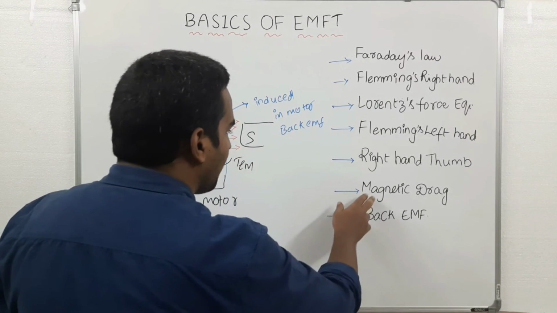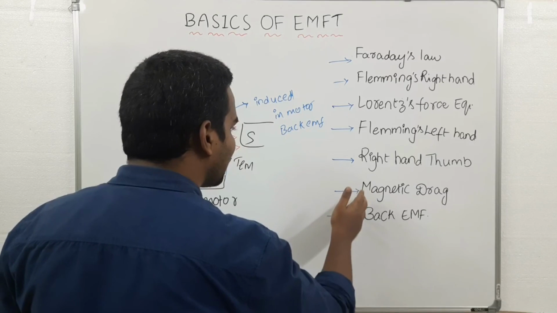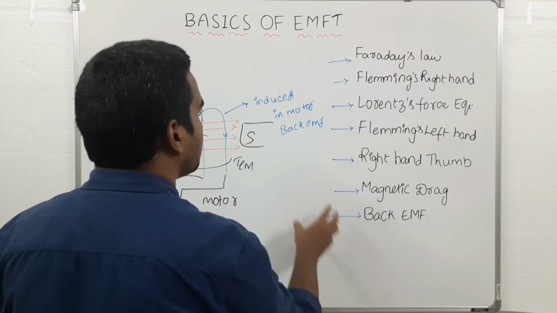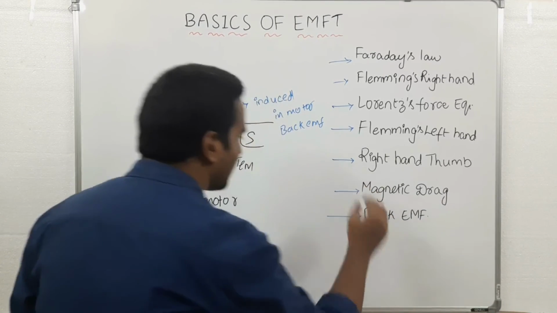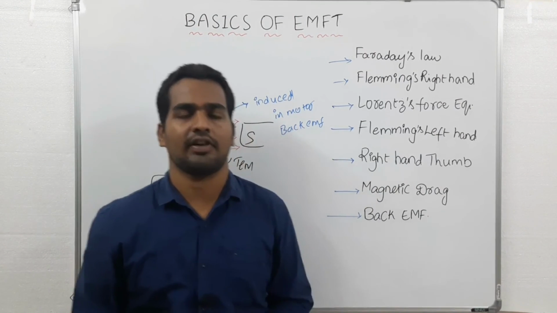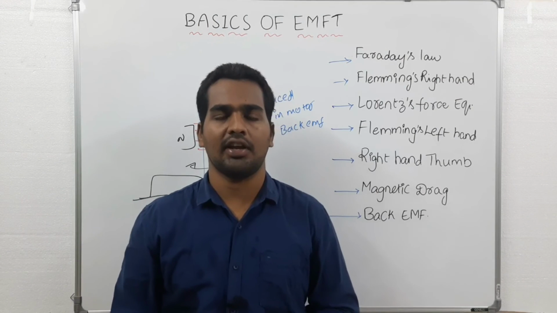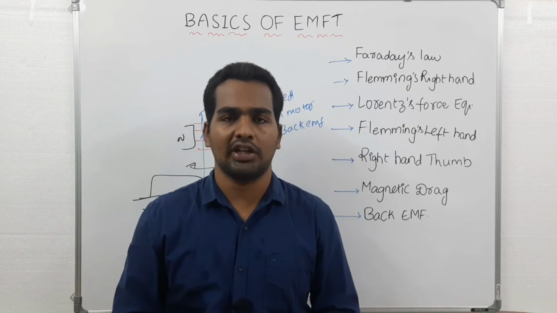Once again, magnetic drag is nothing but motoring action in generator, and the induced EMF due to motion of the conductor in motors is called back EMF. So this is basics of electromagnetic fields, which are very useful in understanding electrical machines. So in the next video, we'll move to DC machines.